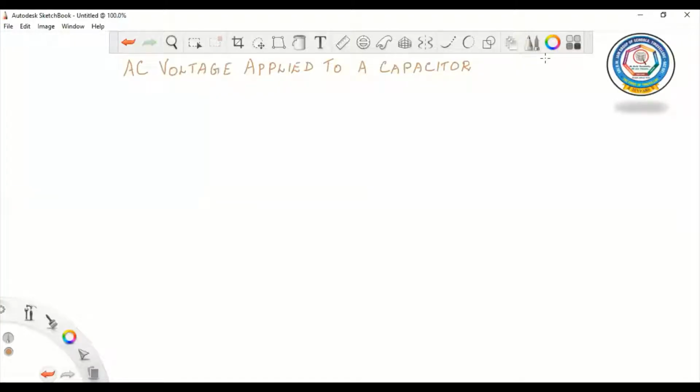We will discuss AC voltage applied to a capacitor. So now let us consider AC voltage applied to a capacitor. So this is a capacitor which is connected with an AC source.